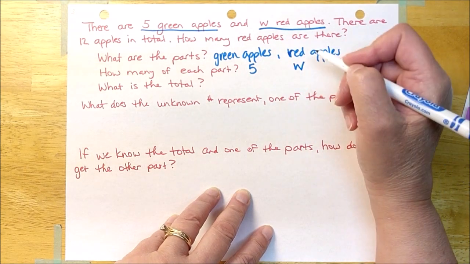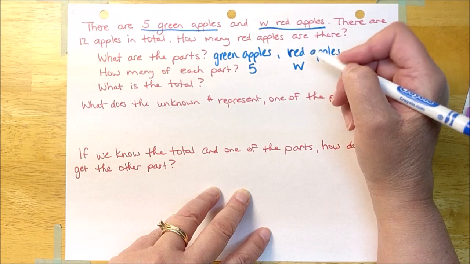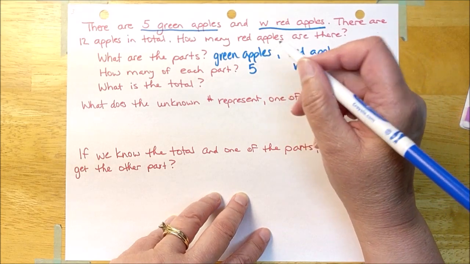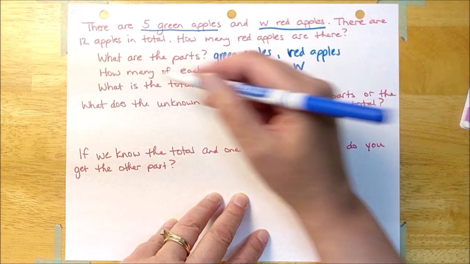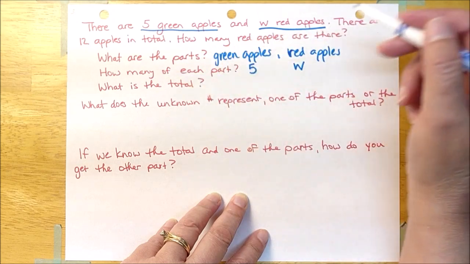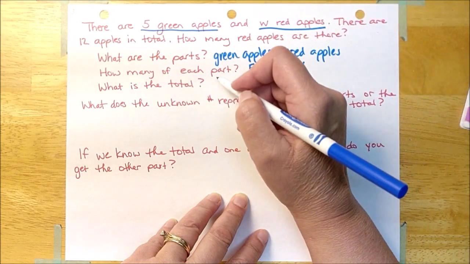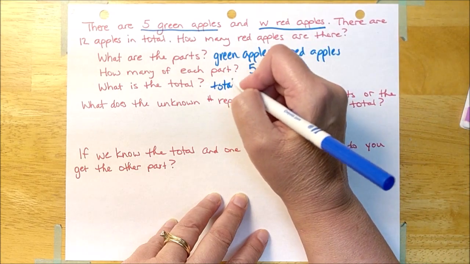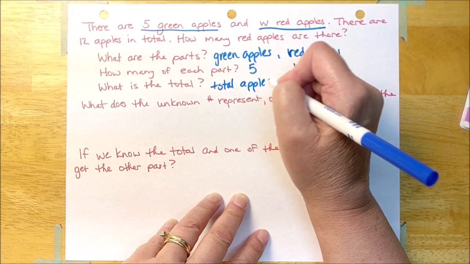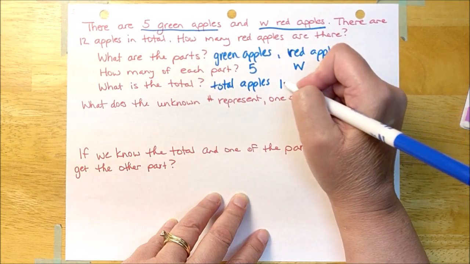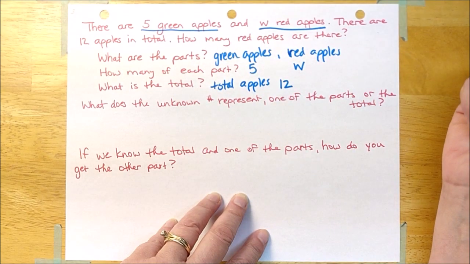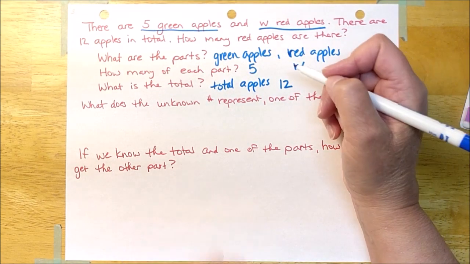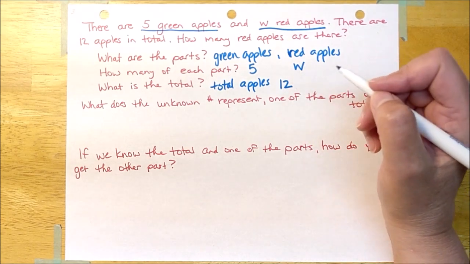Well, we don't know. That is W. Then, what is the total? The total would be the number of the total apples, right? That would be our total, and our total number is 12. So we know that.